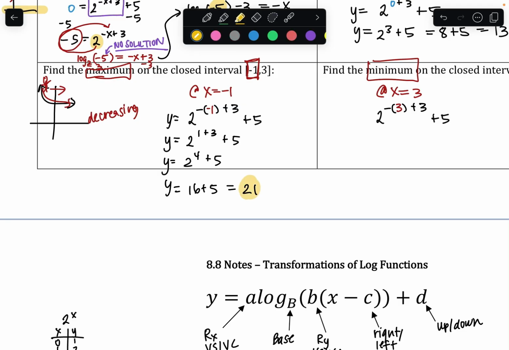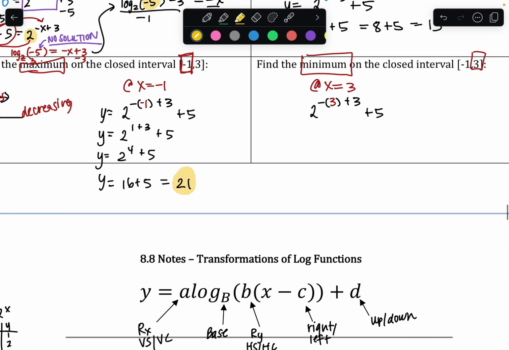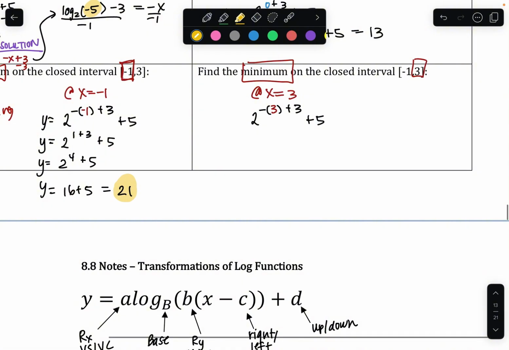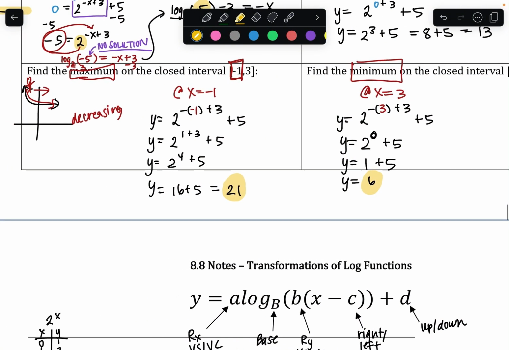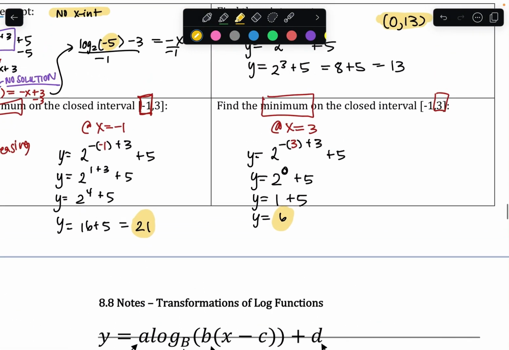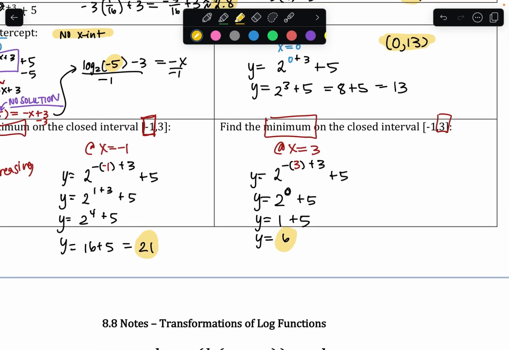Now this isn't an ordered pair, this is just a y value. Remember, max and min are just y values. Right, and then plugging in the 3, I get -3 plus 3 in the exponent, which is 0. 2 to the 0 is just 1. Add the 5, you get 6. Okay, and so my minimum value is lower than my maximum. That's encouraging. And so those are our max and min values.